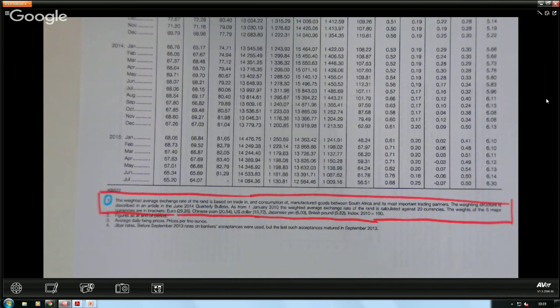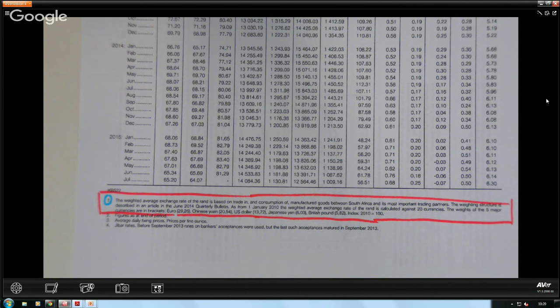The effective exchange rate is an average exchange rate against our trading partners according to the weighting of the importance of trade with that country or those countries in that currency. Right, so that says what has happened to our purchasing power internationally. Has it increased or decreased against the other currencies? Right, and now we'll see what happens to that.